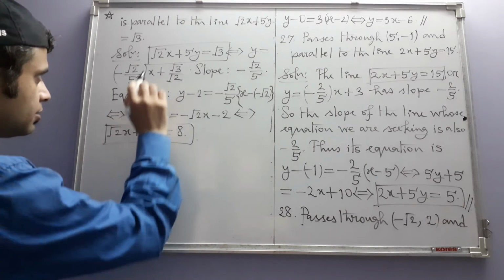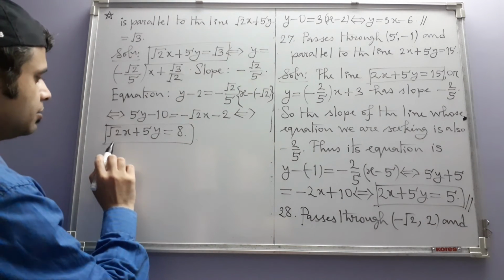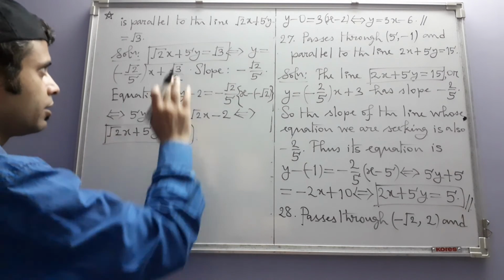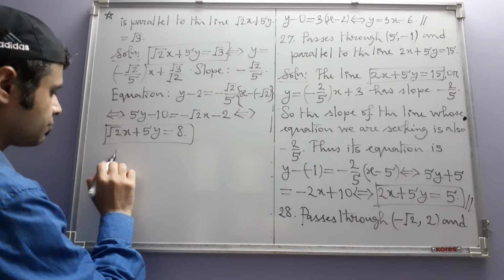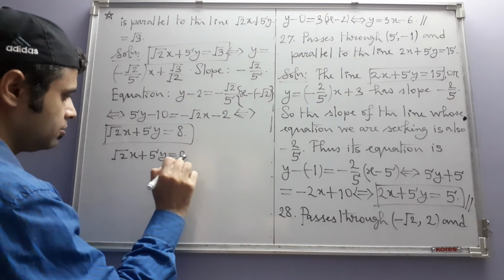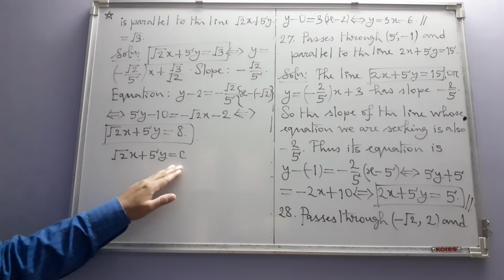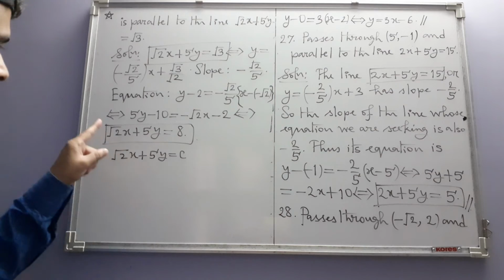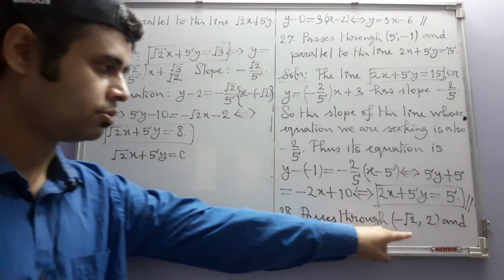You will just simply write that the equation of the line we are seeking, since it's parallel to this line, is of this form: root 2x plus 5y equal to c, where c is a constant that we have to determine. And then you use the fact that this line passes through this point.